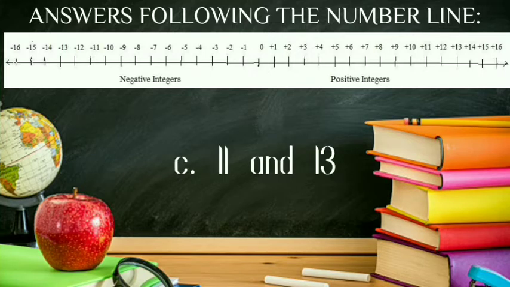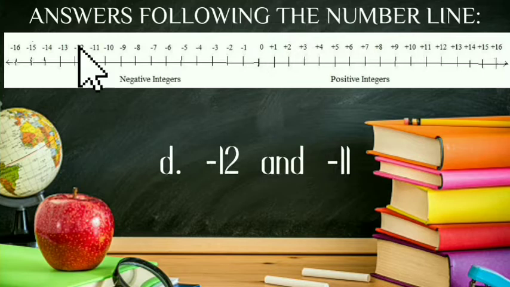In C, positive 11 is to the left of positive 13. Therefore, positive 11 is less than positive 13. And in D, negative 12 is to the left of negative 11. Therefore, negative 12 is less than negative 11.